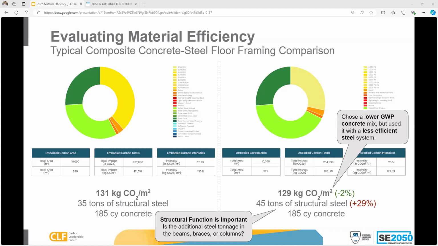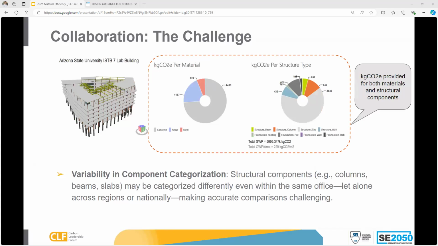Next slide. So you've got these great firms out there, like Burro Happold, and this is a slide that Fraser just showed, and it's fantastic, right? His company on this project broke down all of the embodied carbon by structure component type, which is fantastic. The challenge, and I think Fraser would even admit this, and other firms would admit it, is that there is variability in how we're categorizing all of these components.